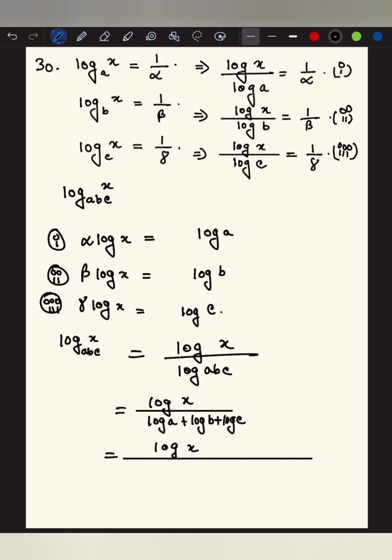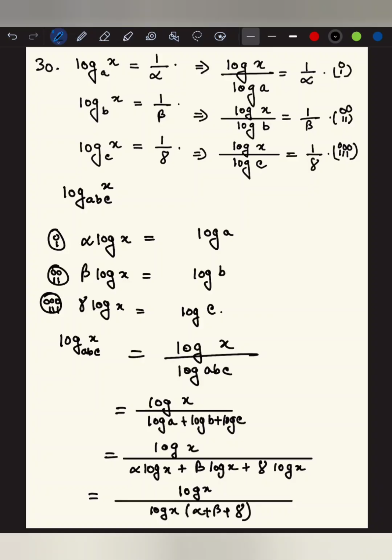So in place of log A, we can write alpha log x. In place of log B, we can write beta log x. And in place of log C, we can write gamma log x. So if we take this log x common from all the sides, then we are left with alpha plus beta plus gamma. Got it? Now this log x gets cancelled out and it becomes 1 by alpha plus beta plus gamma, and this will be our answer.